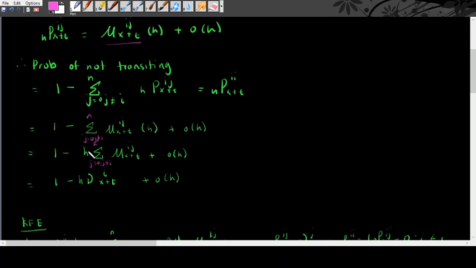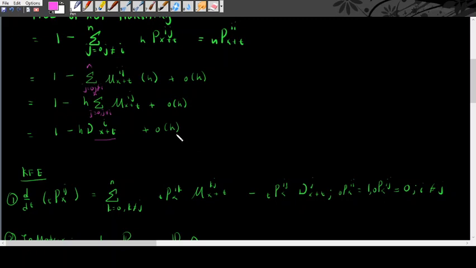Then factor out h, and I will have 1 minus h times the summation of mu x+t,ij. This summation of mu x+t,ij is equal to nu x+t,i. So everything here becomes this one, and I will have 1 minus h times nu x+t,i plus o(h).